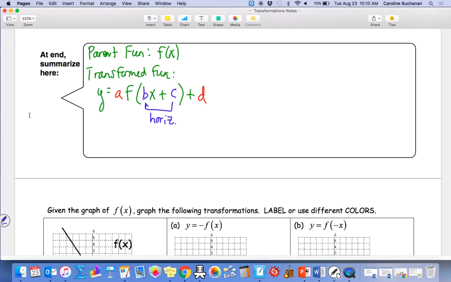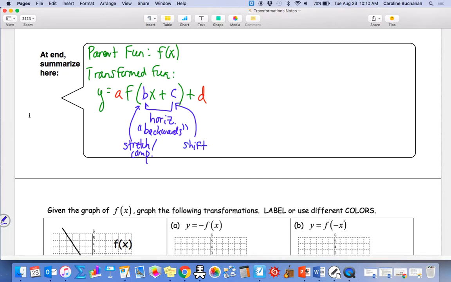And let's now summarize what they do. So again, horizontal ones feel backwards to what you see, but mathematically it does make sense, as we saw before. B is going to be our stretch or compression factor. The number you add or subtract, that's going to be the shift.